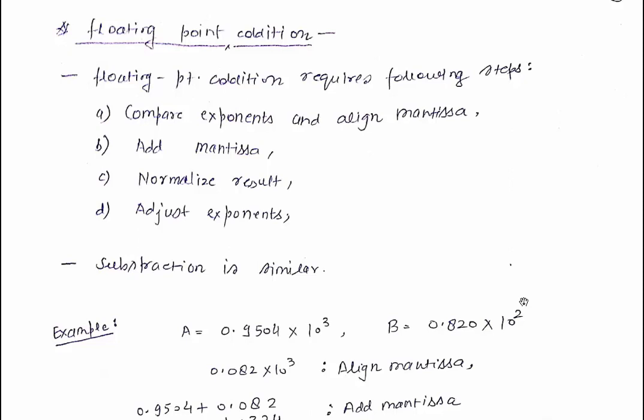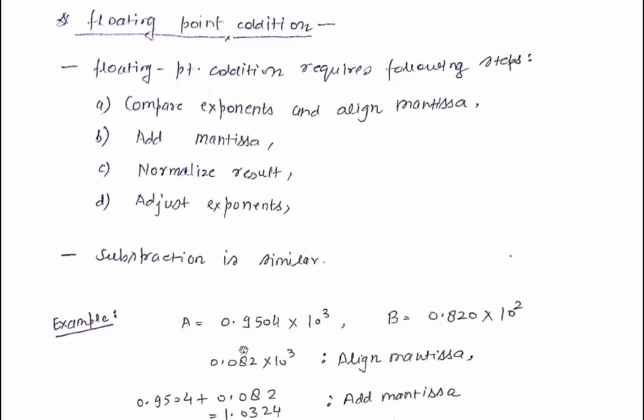Let's say you are adding these two numbers, 0.9504 multiplied by 10 raised to power 3 and 0.82 multiplied by 10 raised to power 2. This is the smaller exponent, 0.82 multiplied by 10 raised to power 2. You have to align this number with respect to the exponent 2.